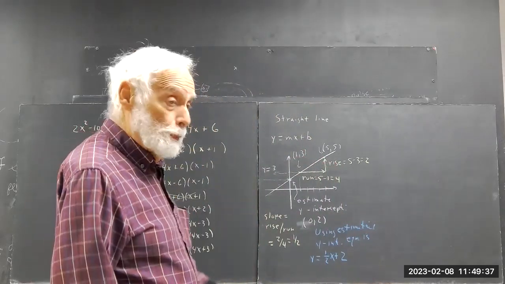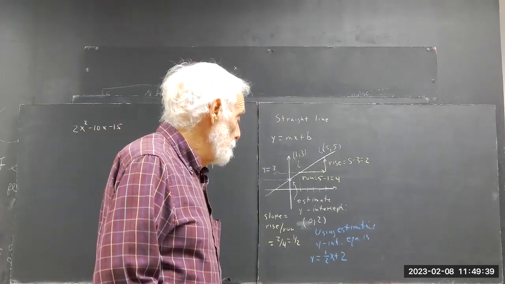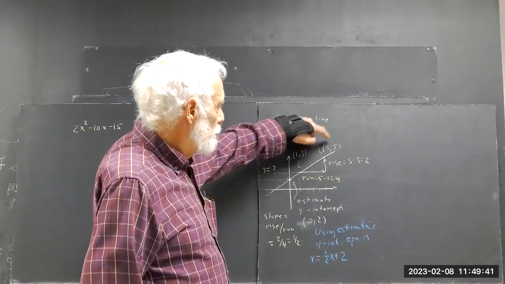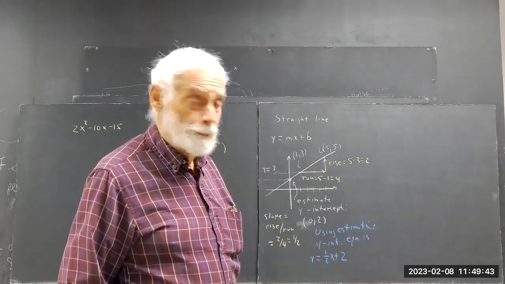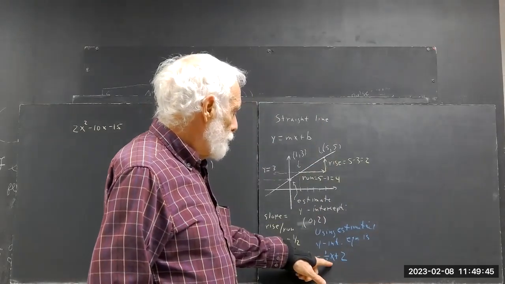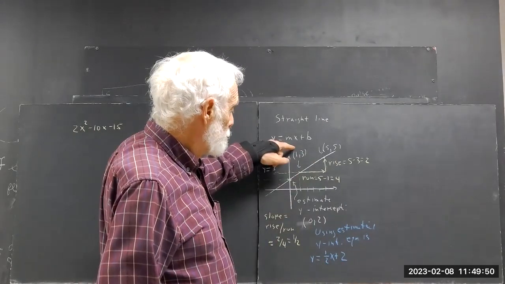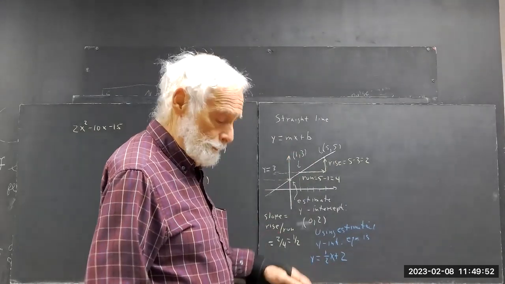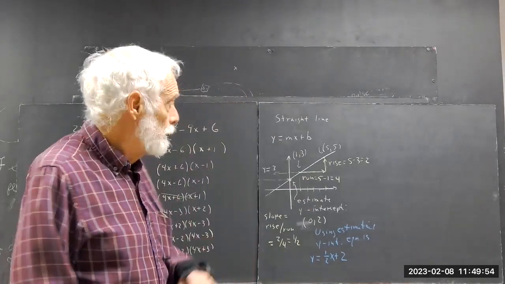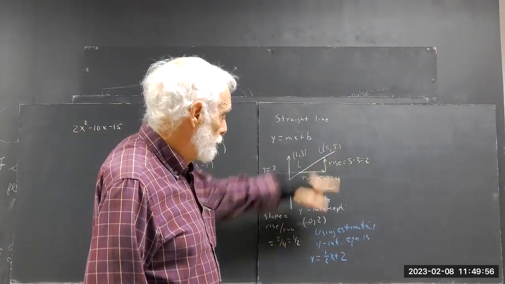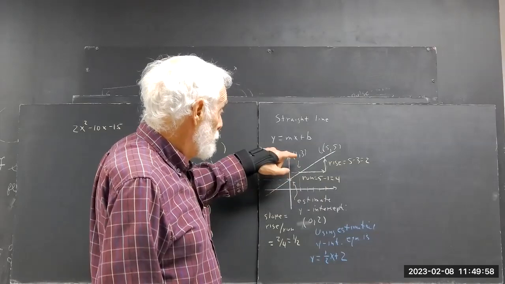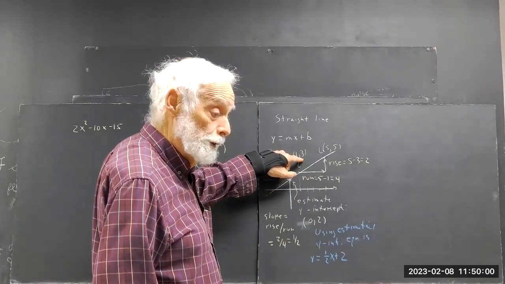Okay, how does that work? Well, the 2 points are supposed to be on the line. Let's test it. If x equals 5, do we get y equals 5? And if x equals 1, do we get y equals 3? We'll plug the x coordinate of this point in and see if you get the y coordinate, and plug the x coordinate here in and see if you get this y coordinate.